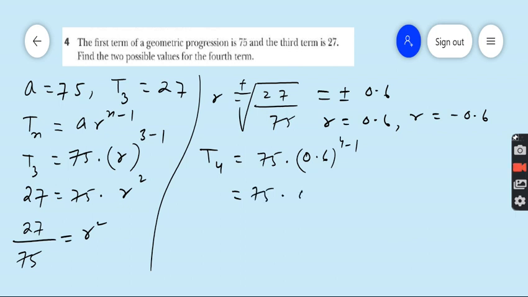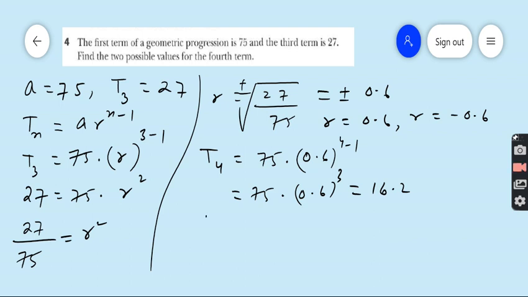75 dot, meaning multiply, 0.6 to the power 4 minus 1, which is 3, so 75 times 0.6 cubed is 16.2.